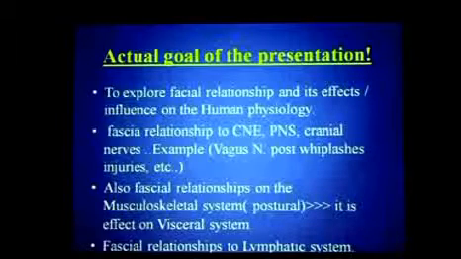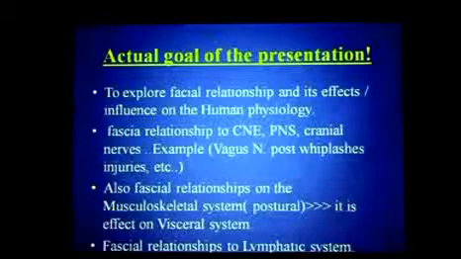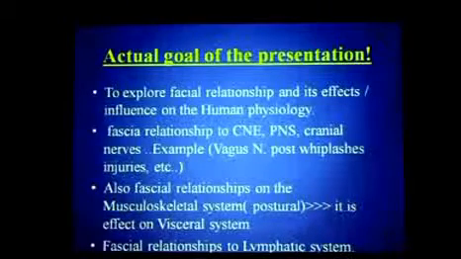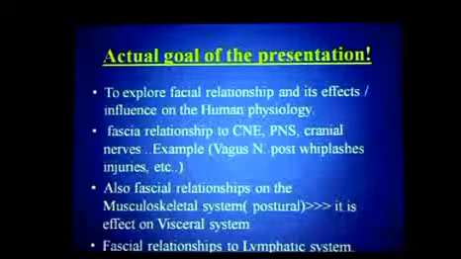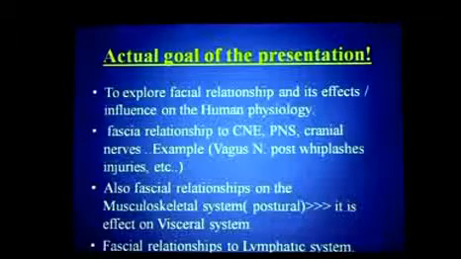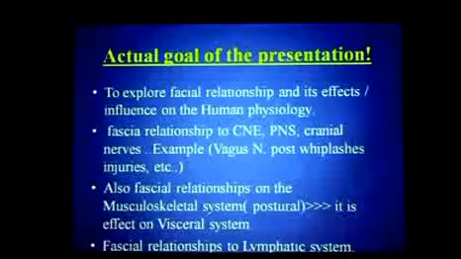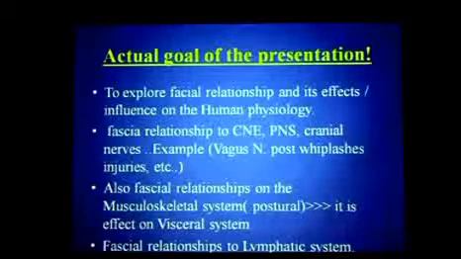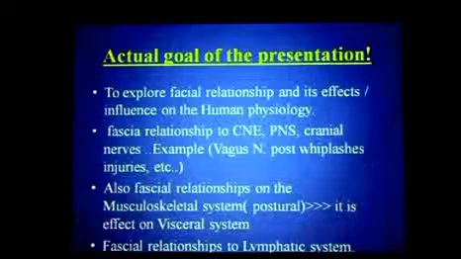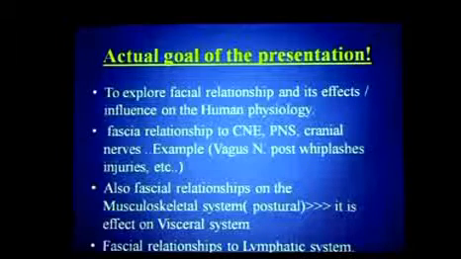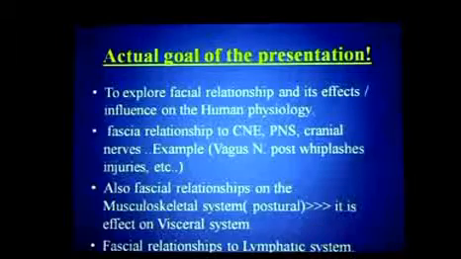There's a huge relationship between fascia and posture. Beyond it, actually, that's another story. But there is proven research stating that there is a relationship between musculoskeletal disorder and visceral problem. That's through the fascial system too. Fascial relationship to the lymphatic system is very close.